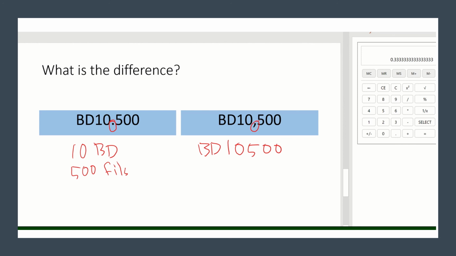As a summary, we can learn that the point must be entered in the calculator. You must enter the point. But the comma is just for reading. You don't enter it using the calculator. So pay attention to the comma and the point. It makes a huge difference to the number.